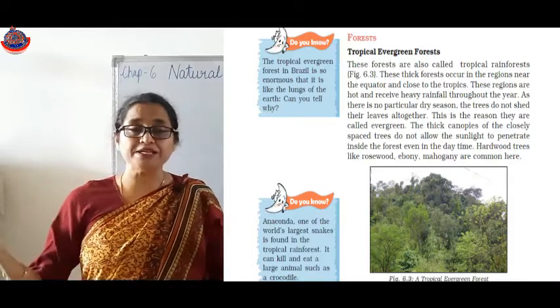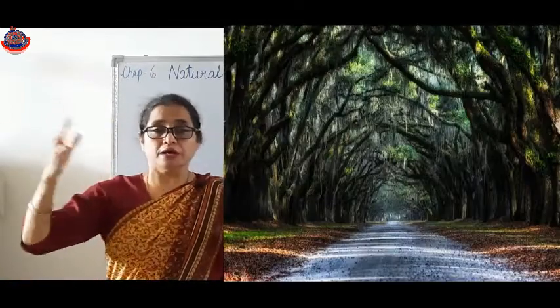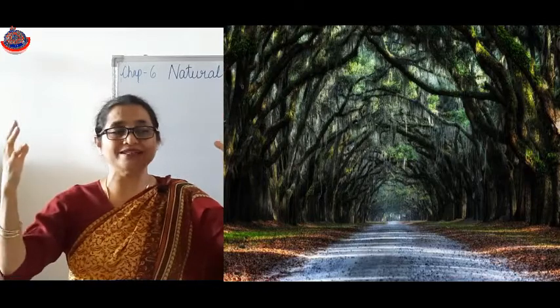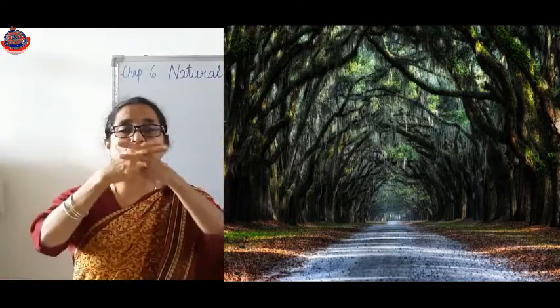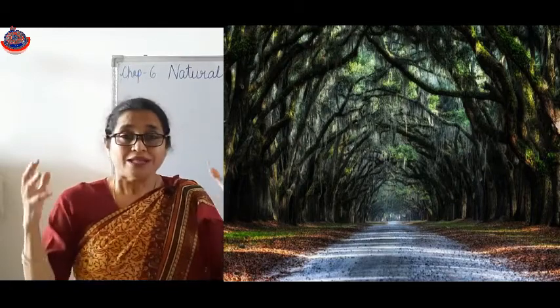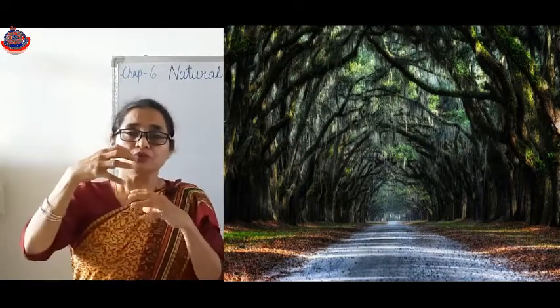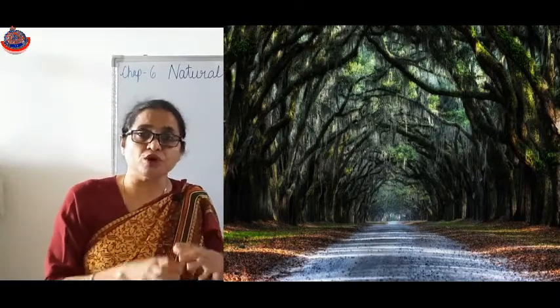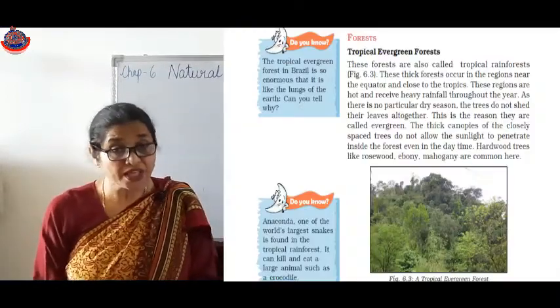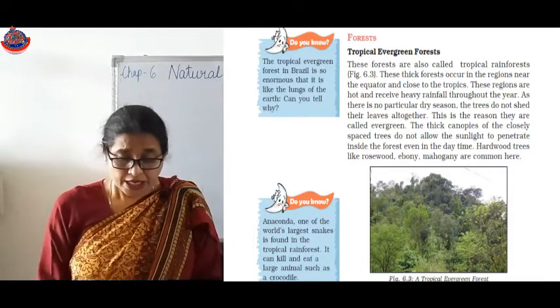Now, what are canopies? Canopies are huge, thick, you can say the intermingling of trees with each other, right? Now, these canopies stop the sunlight from reaching the bottom of the forests, even during the daytime.